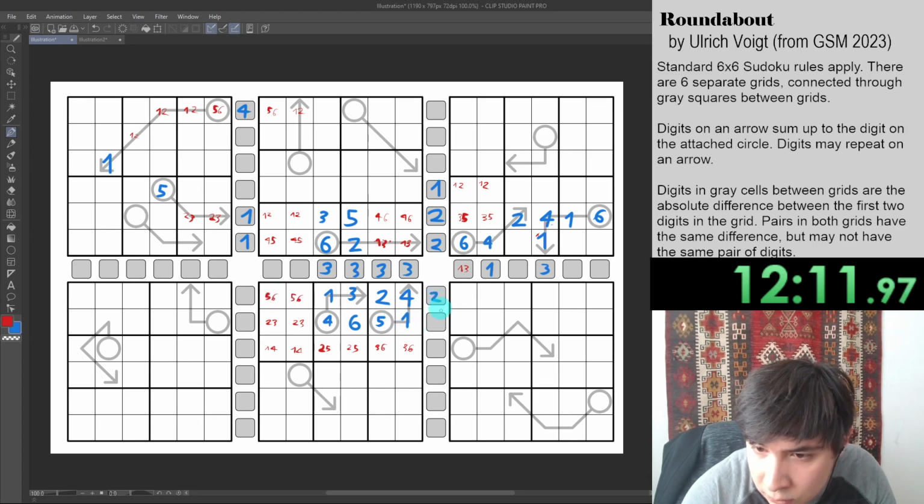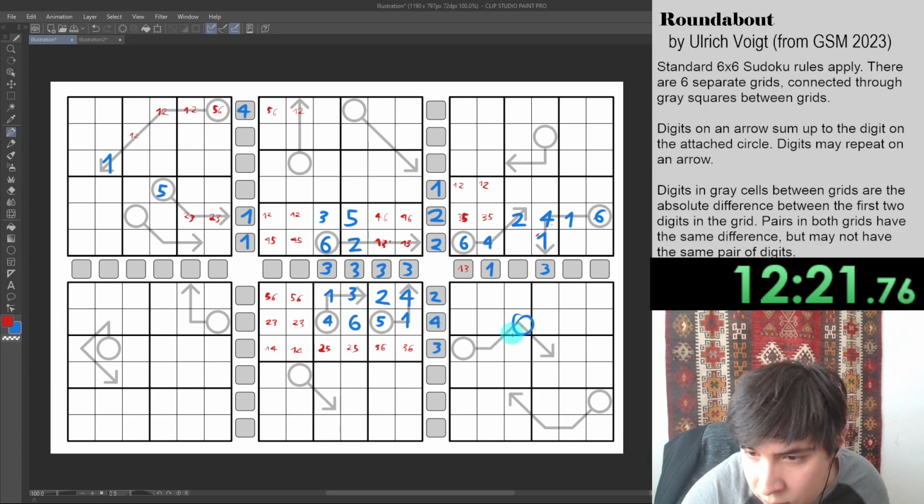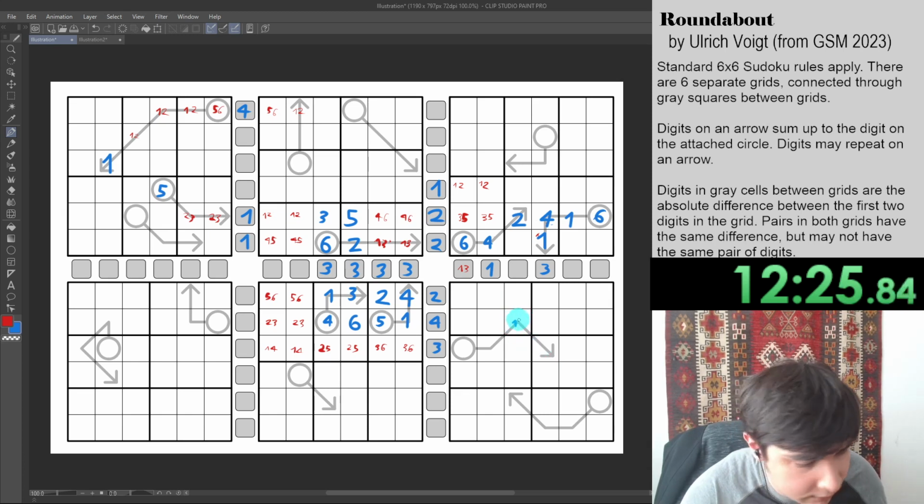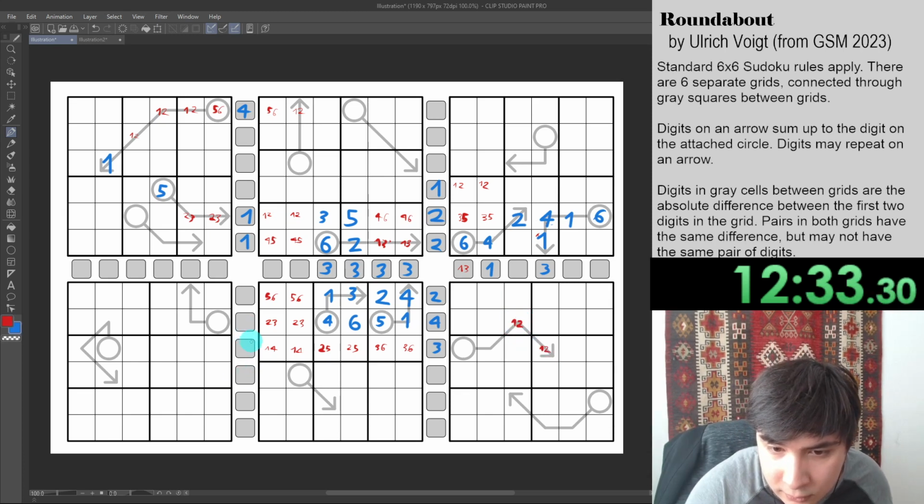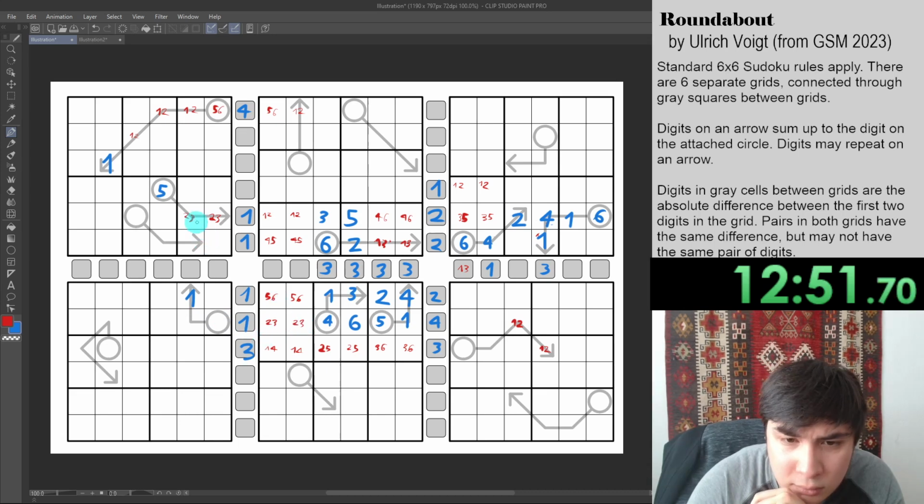This is a 2, a 4, a 3, meaning these two numbers sum up to a 3, so that's a 1, 2 pair in that spot. Yeah, and on this side it's also a 3, a 1, and a 1, meaning this is a 1 because of the difference. Yeah, that does mean there can't be a 1 in these spots.